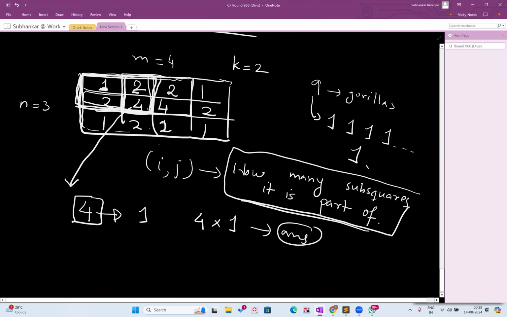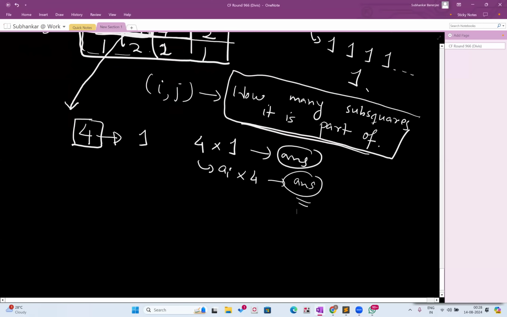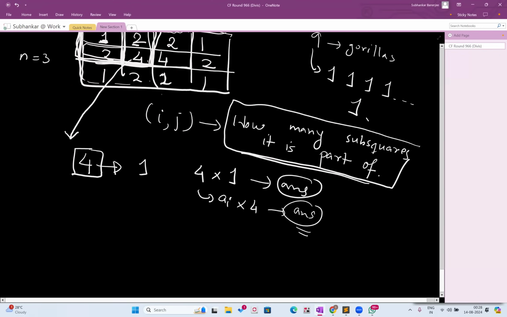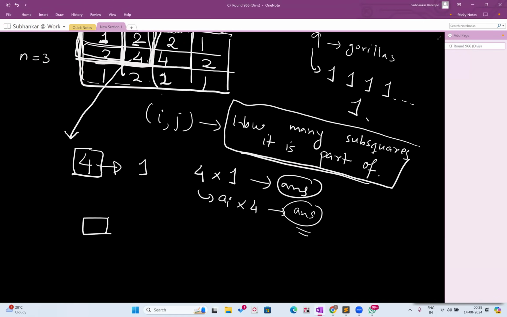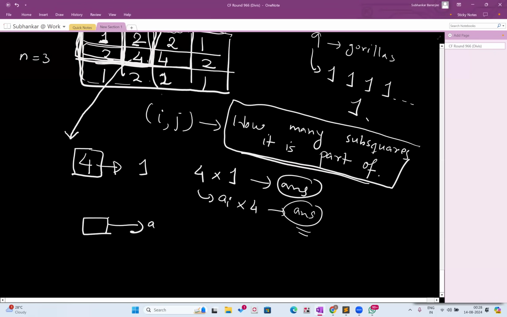So 4 into whatever value of a_i I put, it will be multiplied with that, and that will be added to the answer. So what will be better to maximize the answer? Whichever cell will be part of maximum subsquares, I'll just put the maximum height gorilla into it to maximize the multiplication.